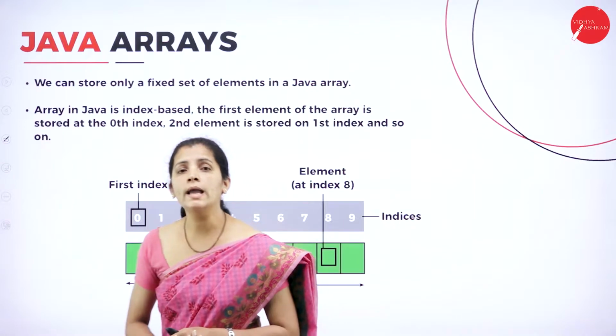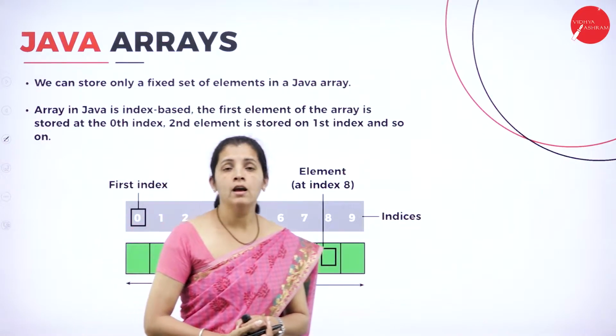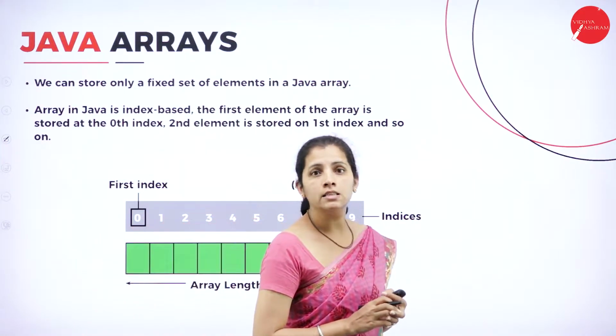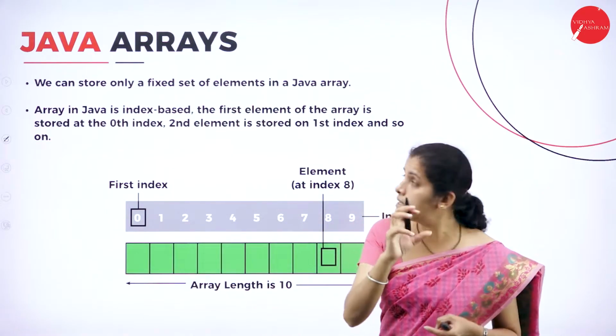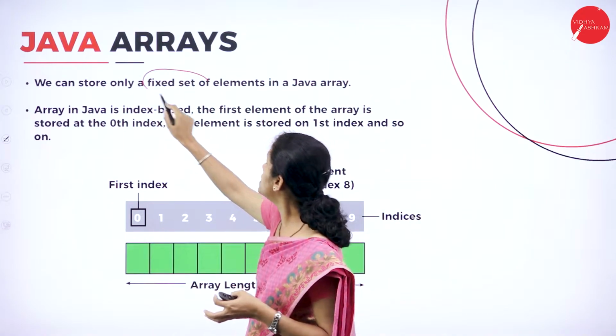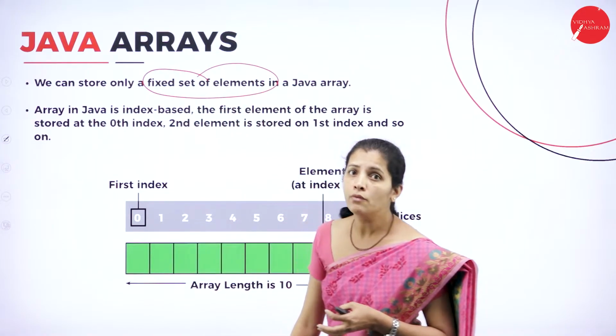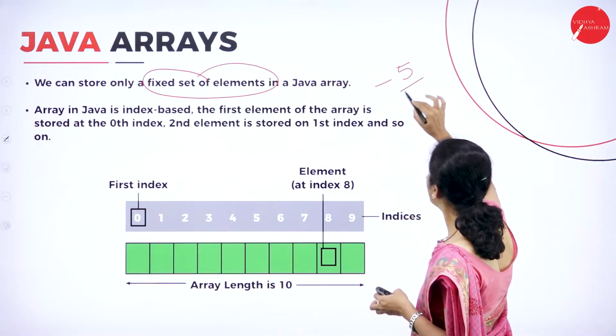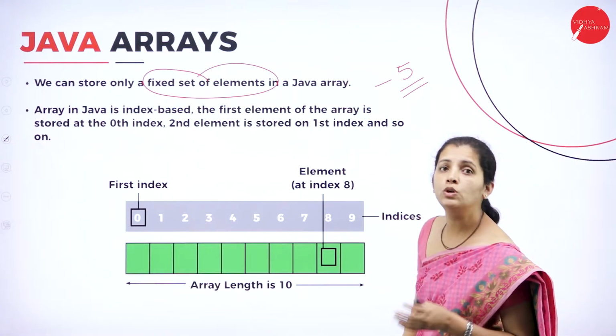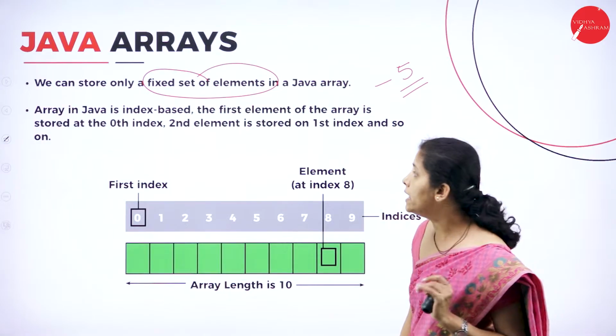That means while creating an array, I have to specify the size, and whatever size I specify is itself termed as a fixed set of elements. For example, if I specify the size 5, then I can store only 5 elements.